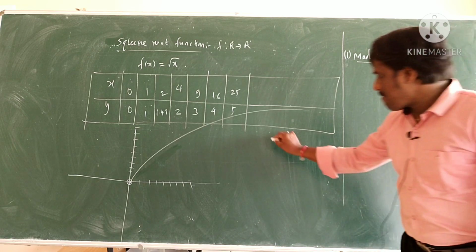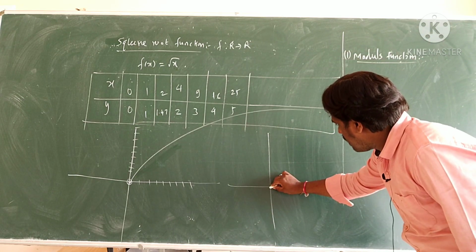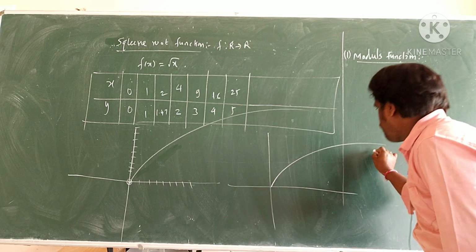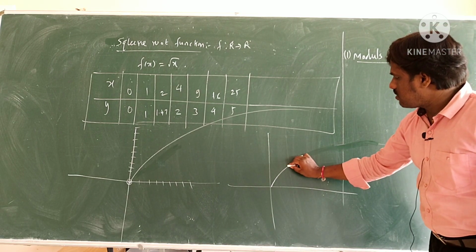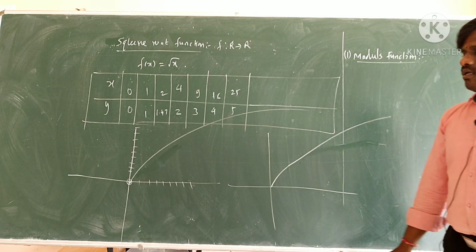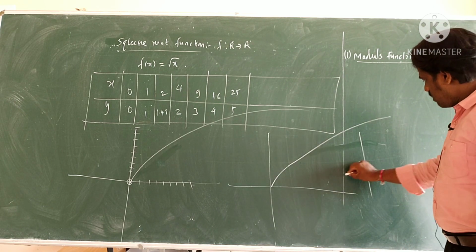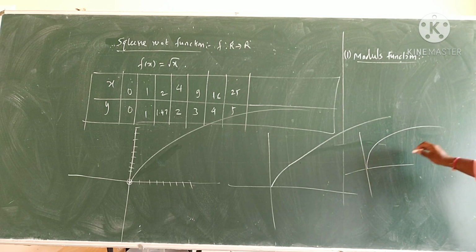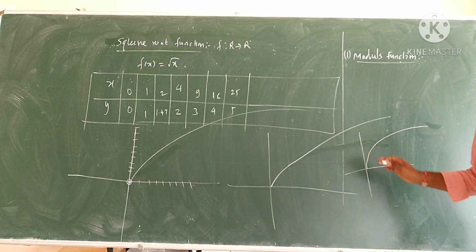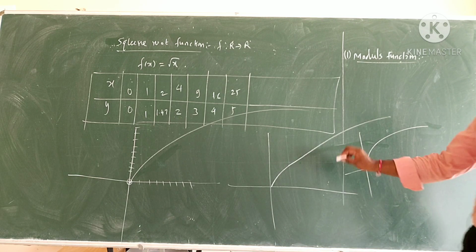It will come like this. It goes like this. This shape will go like this. Okay, so this is a square root function. This does not look good either, it should be like this. Right? Not straight.